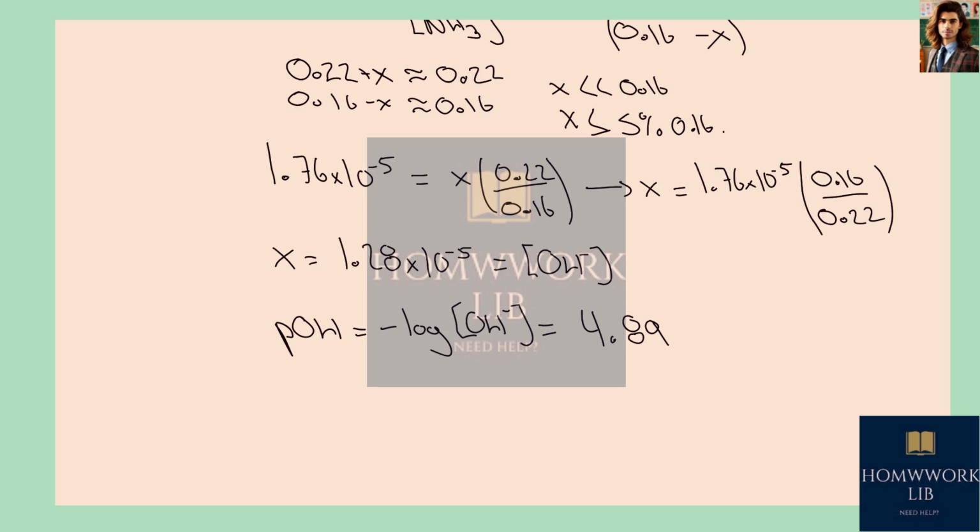And actually, that is what we are going to do since it tells us to express your answer to one decimal place. So this is 4.9. Thus, the value for pH is going to be 14 minus pOH, and is going to be equal to 9.1. This would be our final answer.